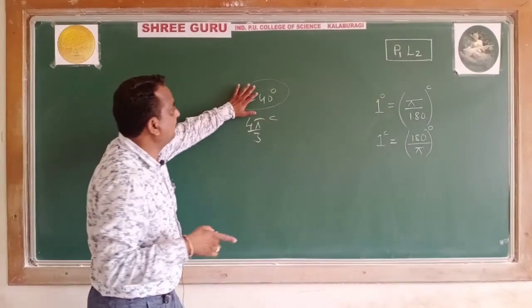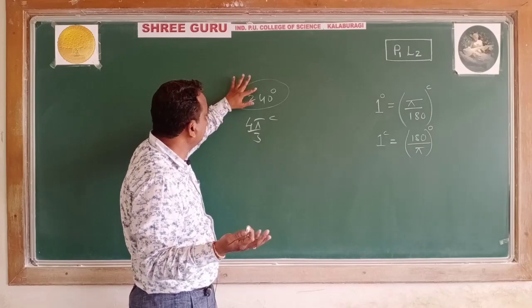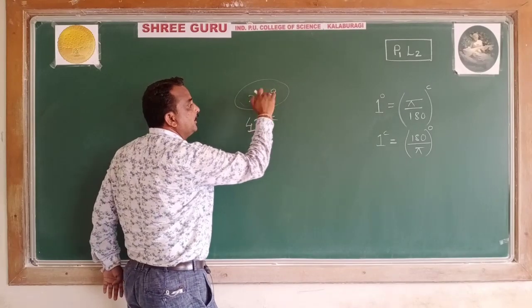Some examples we have already discussed, and some fraction angles also. I will discuss one more fraction angle, conversion of degree to radian.